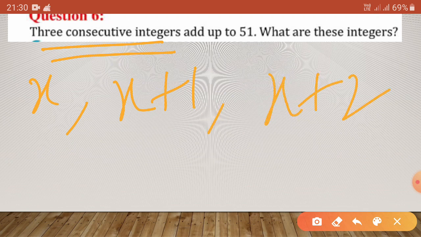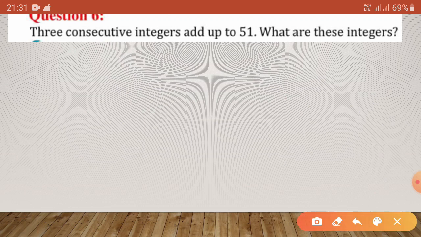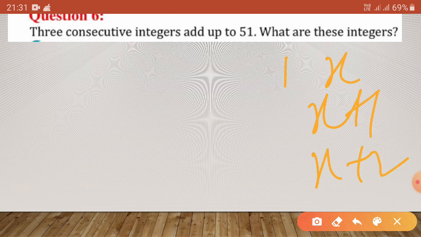If the question is 4 consecutive integers, then the next number will be x plus 3, because it is incremented by 1. So for this question we have three consecutive integers, that is x, x plus 1, and x plus 2. Now read the question.